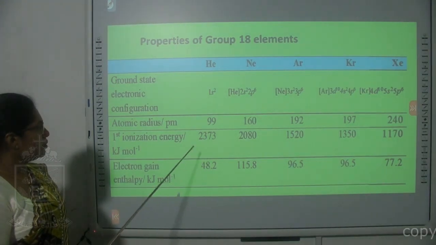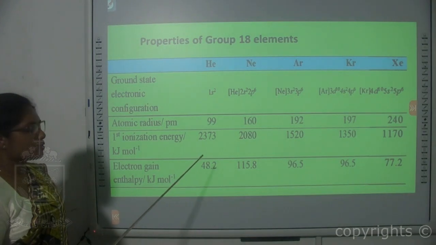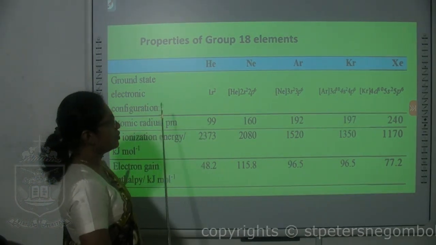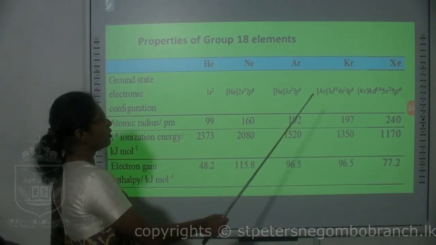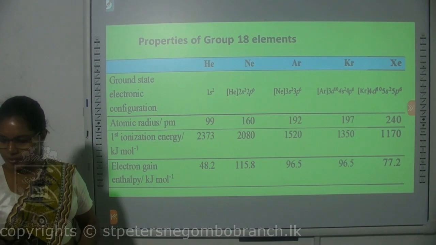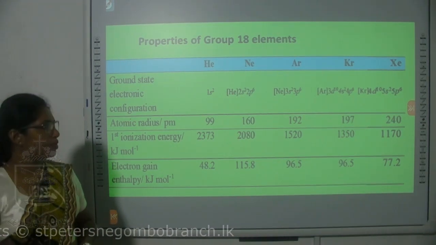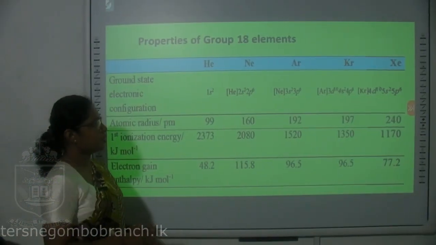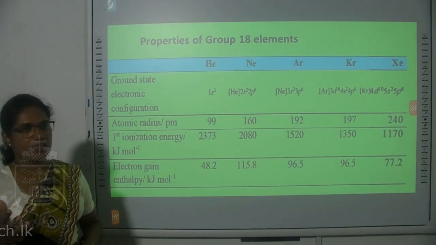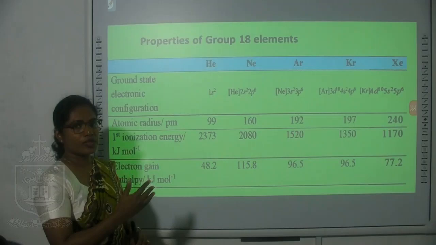Here you can see all these values decrease when we go from top to bottom of group 18. Because when we go from top to bottom, the atomic radius increases, so all these values decrease.